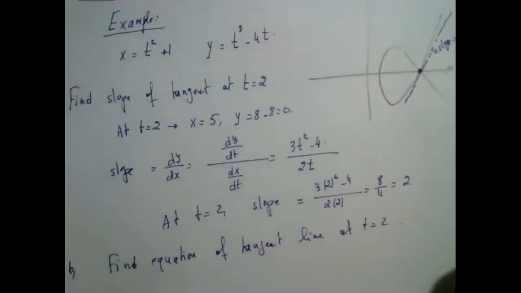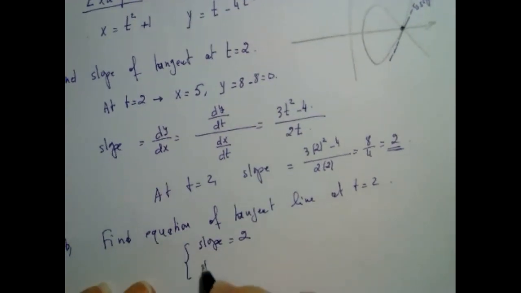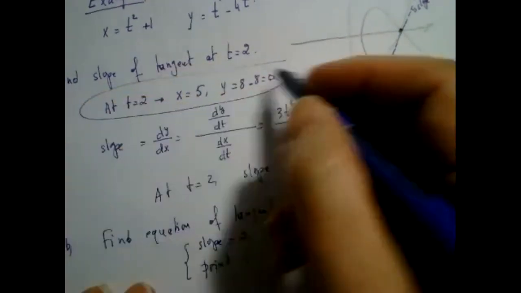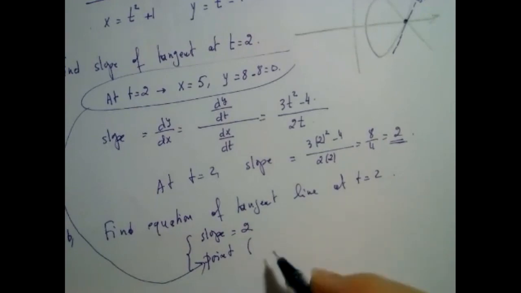For the equation of a tangent line, we need the slope. The slope is equal to 2, by coincidence the same number. It doesn't have to be. And I need the point. The point is where I am on the graph at t equal to 2, so I'm at 5, 0.